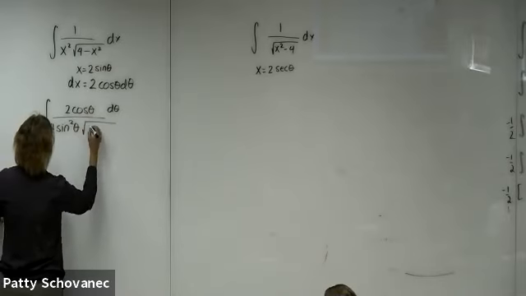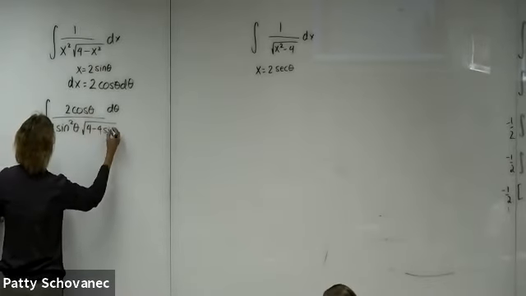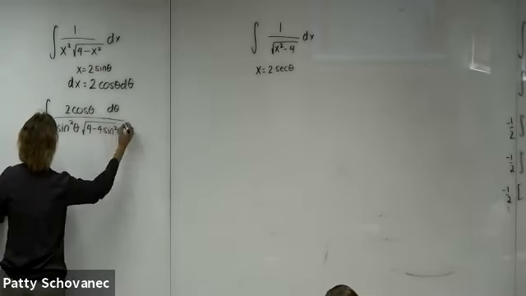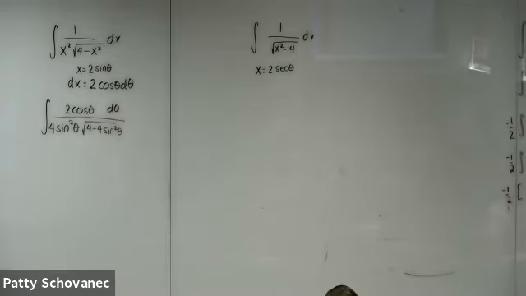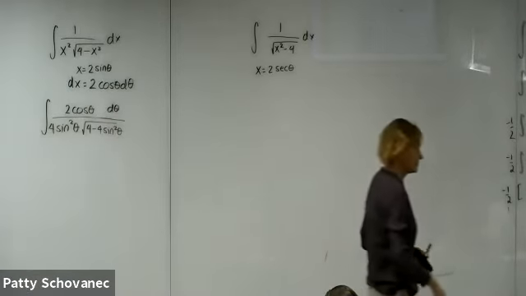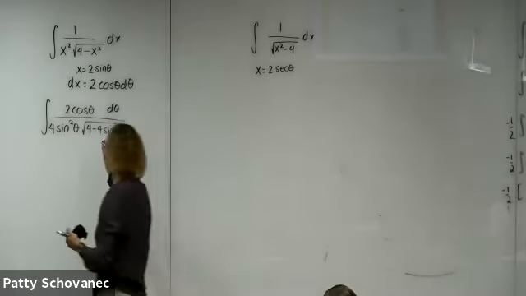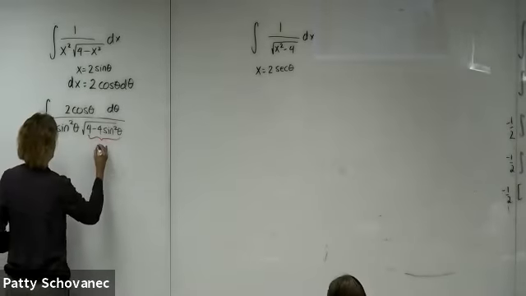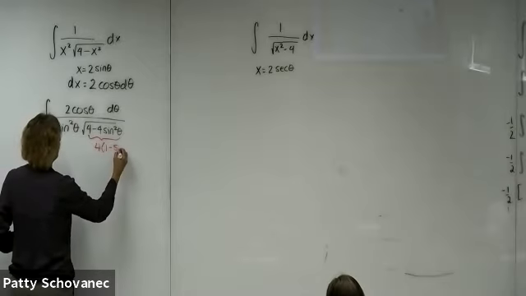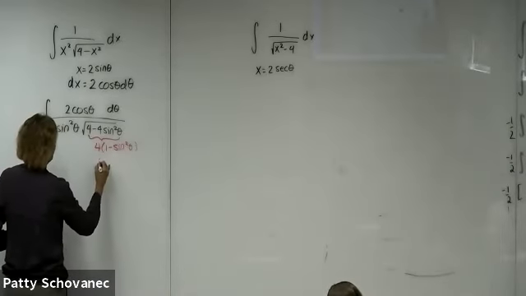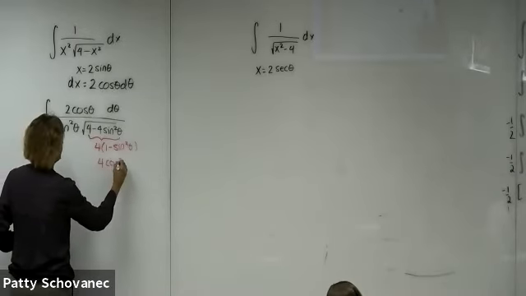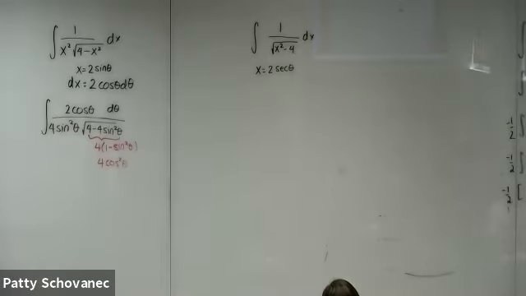And then under here, for the 4 minus 4 sine squared theta, factor out the 4 and we have a 1 minus sine squared. So when I write that as 4 times the cosine squared under the radical, I can take the square root of each term, get rid of the radical, and put a 2 cosine theta.